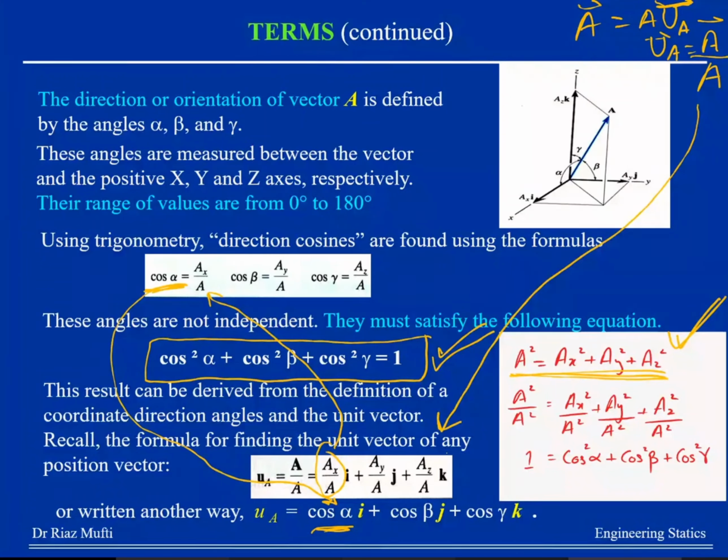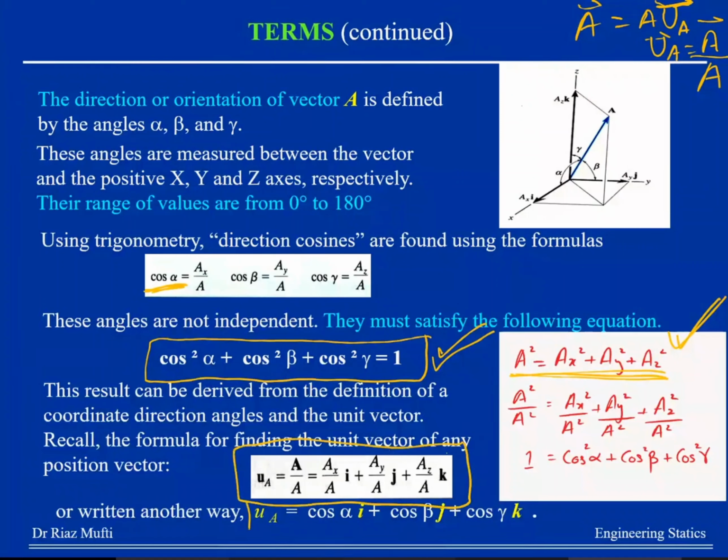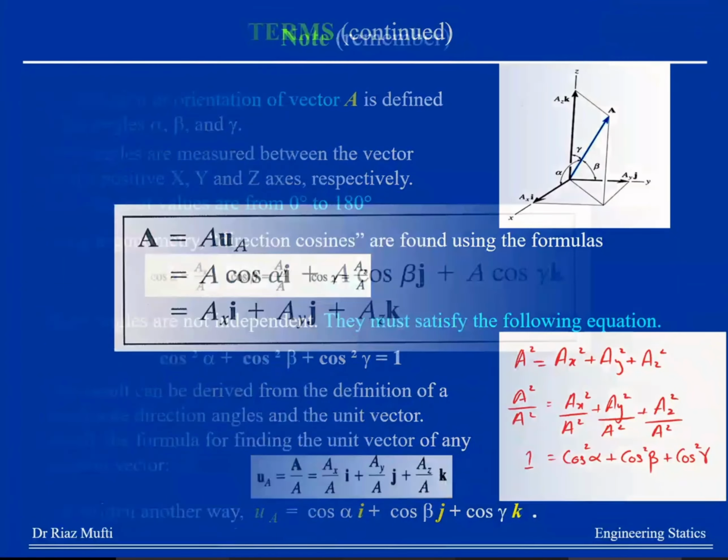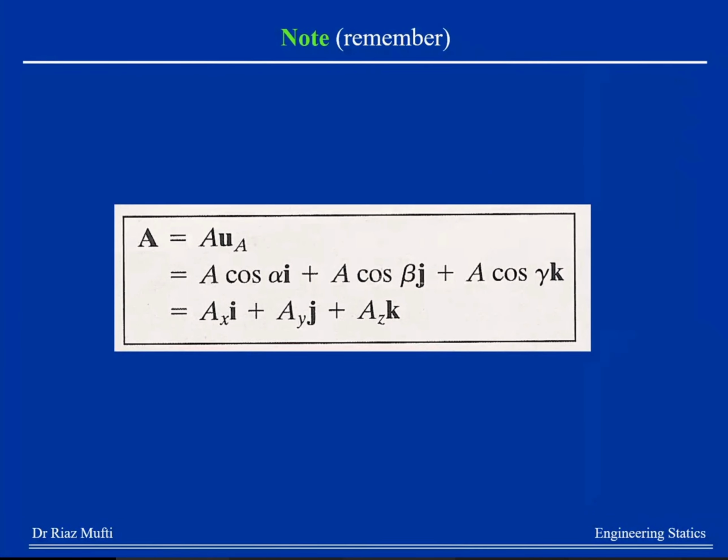So I've got two ways of writing my unit vector form. One way is in this form, and the other way is in this form. Is that clear? Okay, so that's my vector. This is my unit vector, and this is basically the A in the component form.